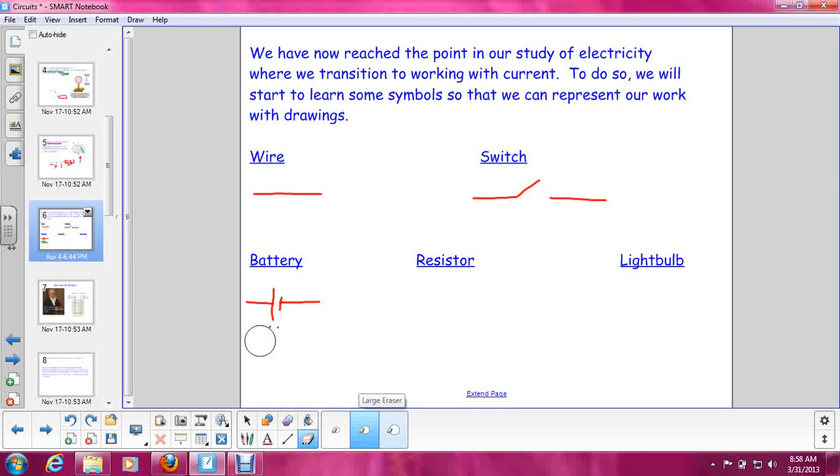So you need to make sure that your lines are uneven. This next symbol is my favorite one. A resistor is something that you add into a circuit to resist the flow of electricity, or to slow it down. We're going to talk about resistors in another video. But for now, anytime I tell you there is a resistor in a circuit, this is how you draw it. You draw it as little monster teeth. It looks like that.